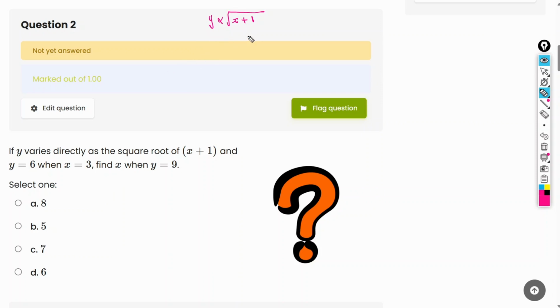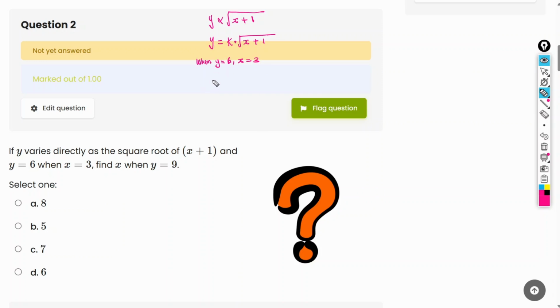Next we need to find the equation. We switch that relationship to an equation by introducing the constant of proportion. That is y is equal to k times the square root of x plus 1. Now we are told that when y is equal to 6, then x is equal to 3. So we can use this to solve for k.